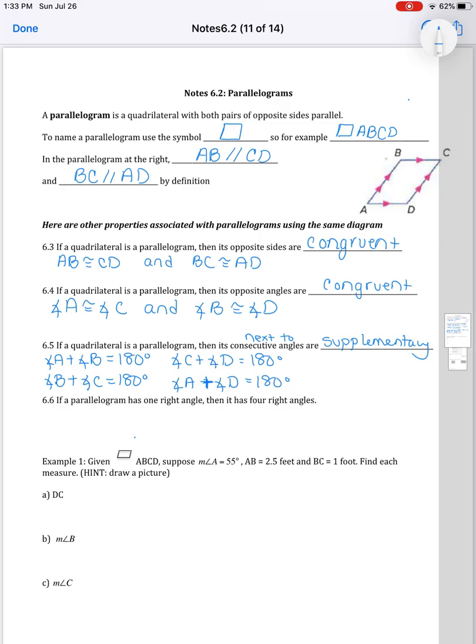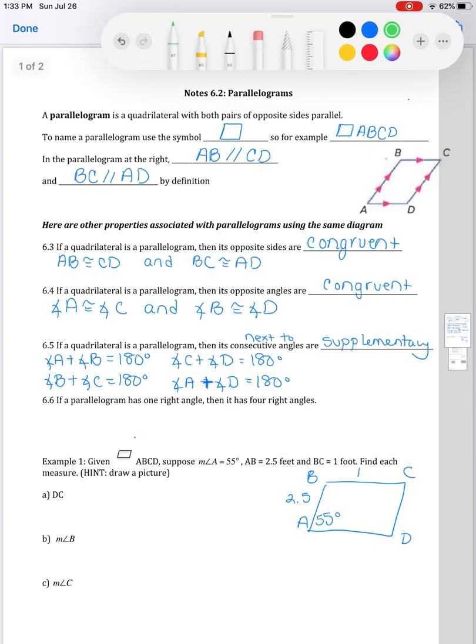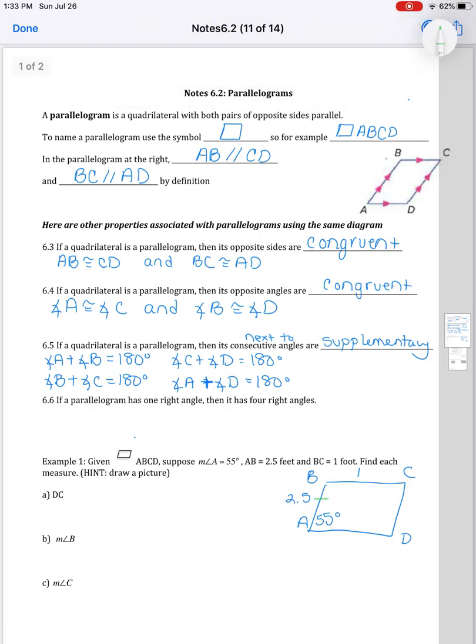There's a couple of these: angle A plus angle B is equal to 180, angle B plus angle C is equal to 180, angle C plus angle D is equal to 180, and angle A plus angle D is equal to 180. So all four of those pairs, depending on which one you would use, would help you identify that. And it says if a parallelogram has one right angle, then it has four right angles.